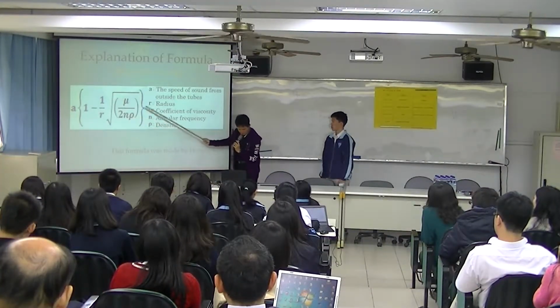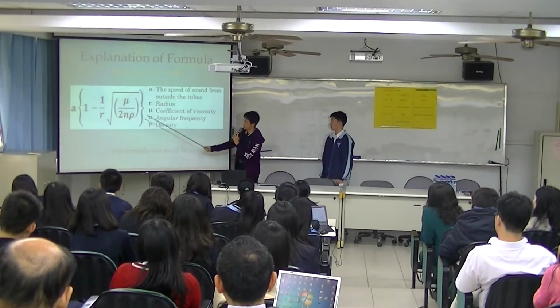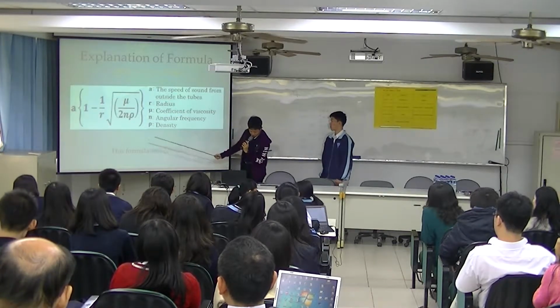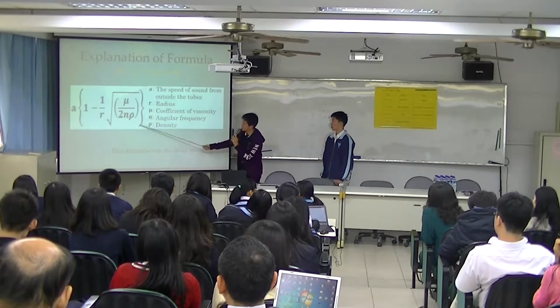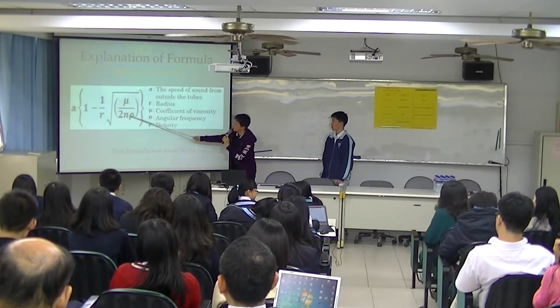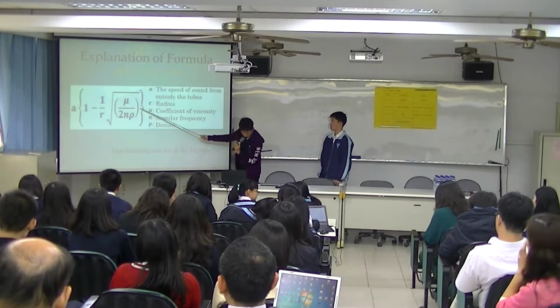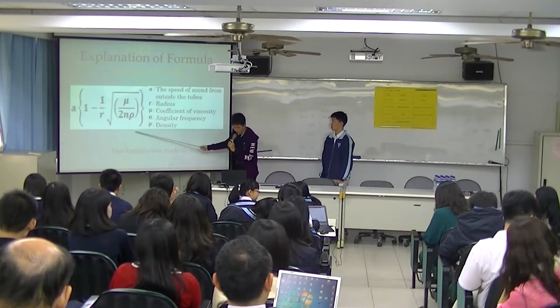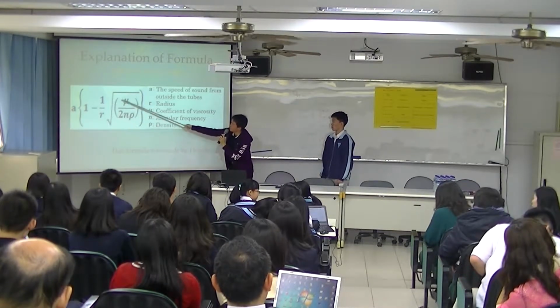Low represents the diameter, and if low becomes smaller, then since it is in the denominator, this whole fraction will be bigger. And therefore, the number in the square root will increase.